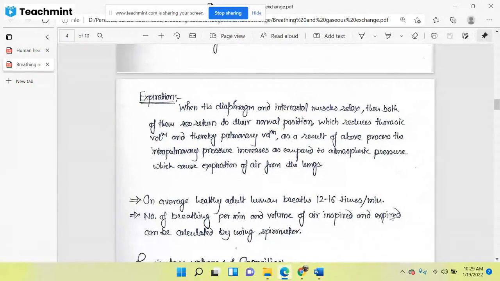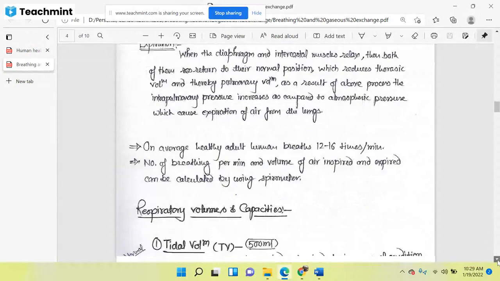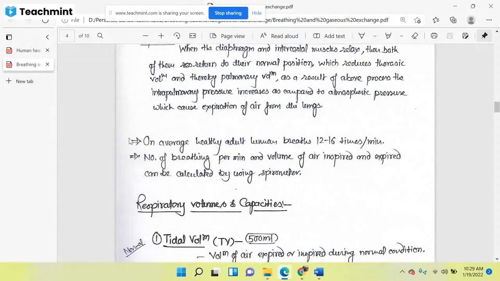Okay, now some facts are there, you will have to remember those. On average, a healthy adult human breathes 12 to 16 times per minute. You will have to remember this number. So an average healthy adult human being breathes 12 to 16 times per minute, inhalation and exhalation both.